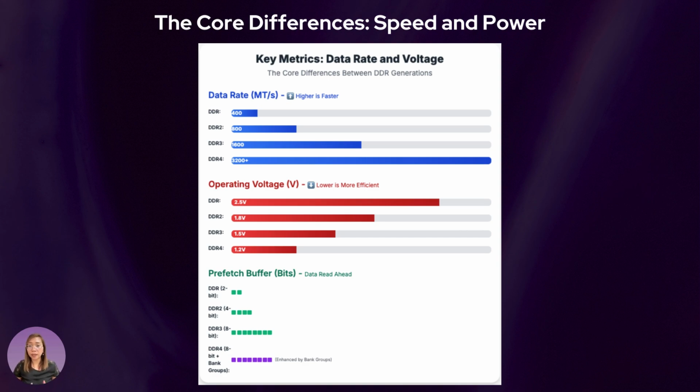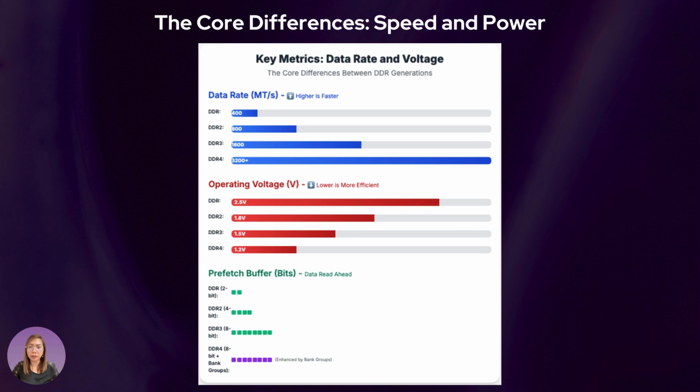The data rate, measured in mega transfers per second, has consistently doubled or more with each generation. The original DDR topped at around 400, while DDR4 starts at 1600, providing significantly more bandwidth to the CPU.